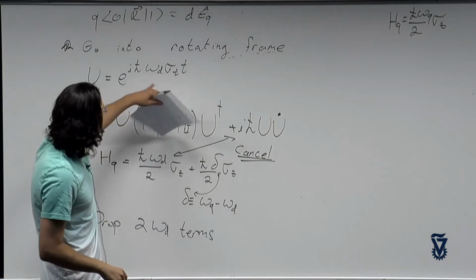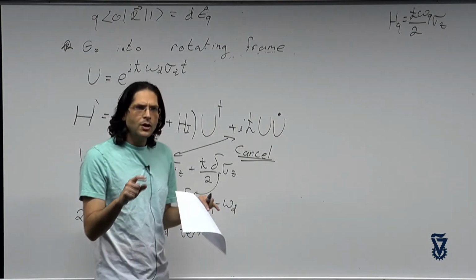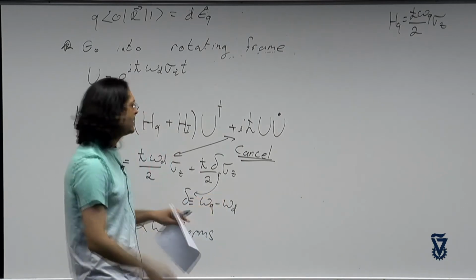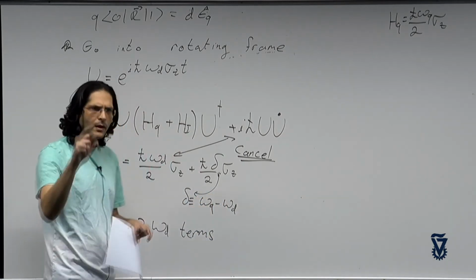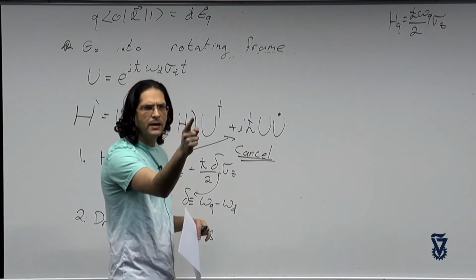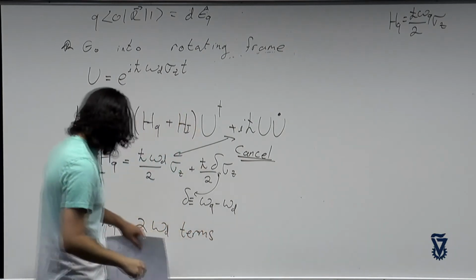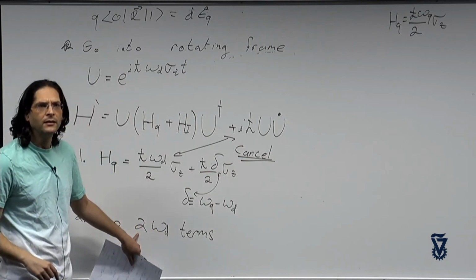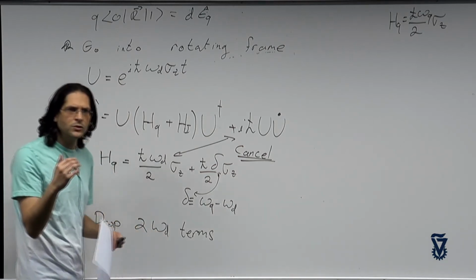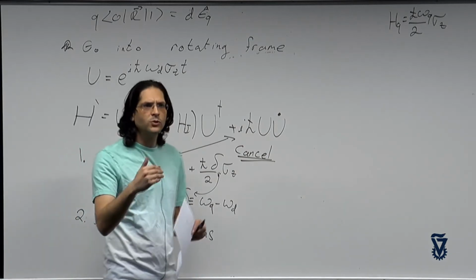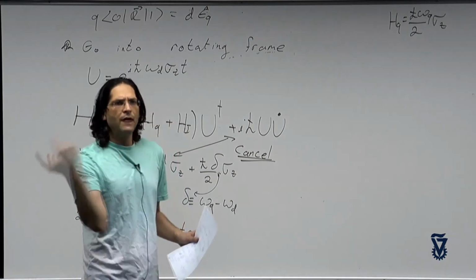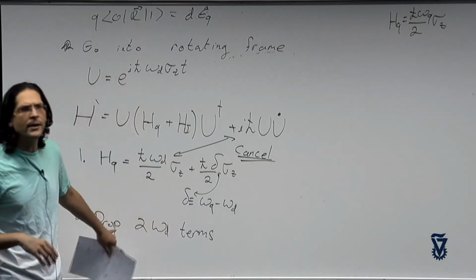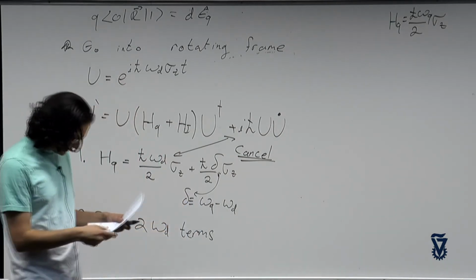Here we have a linear drive. So one component of this linear drive is rotating at omega d, and that's going to be static. But there's a counter-rotating term, and that one's going to be rotating at 2 omega d. And we're going to assume that we're looking at time scales which are longer than that frequency. So that thing will average out, and we're going to be dropping these terms.